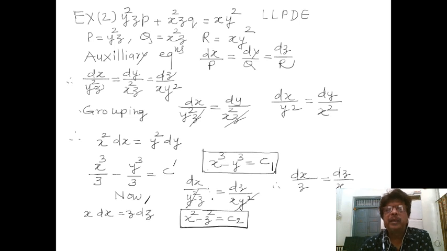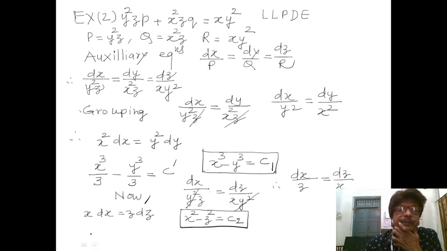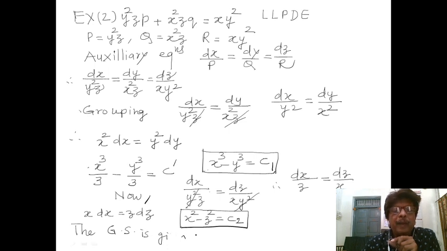This is the solution of this group, first with third, and this general solution is given by f of c1 comma c2 equal to 0.